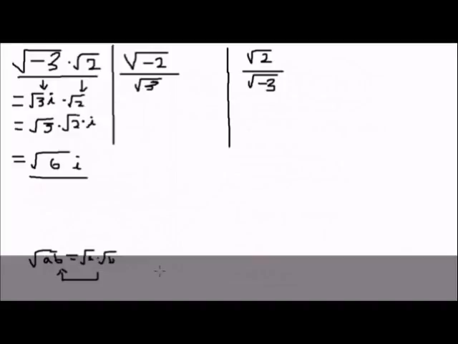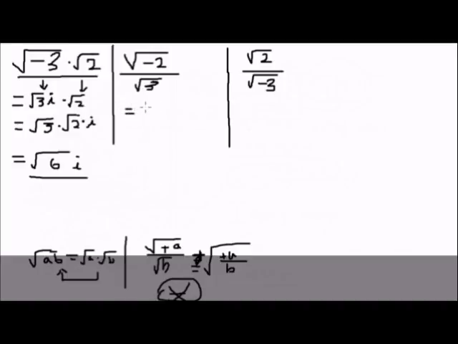This one's pretty complicated. What you must know is that square root minus a over square root b does not equal square root of minus a over b. This is true only when square root a is positive, so you must change it into a positive form. No negatives.